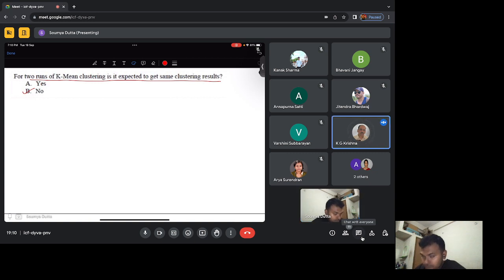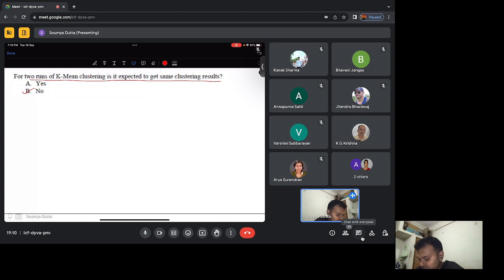Convergence can be pretty fast also. If k-means is not converging fast, that gives you an indication that your choice of k is probably not correct.